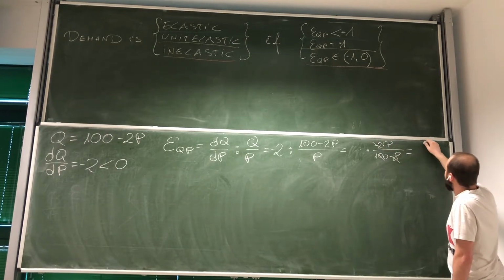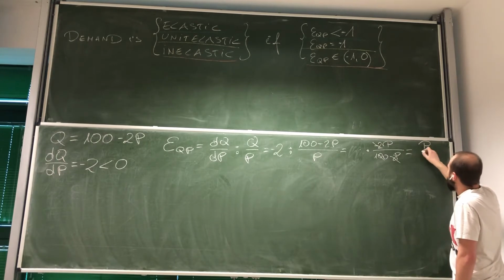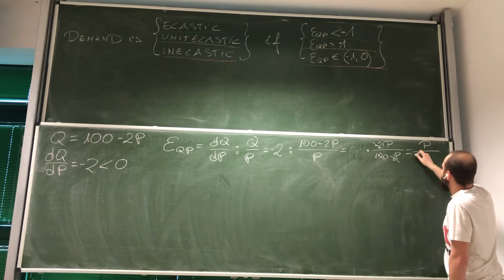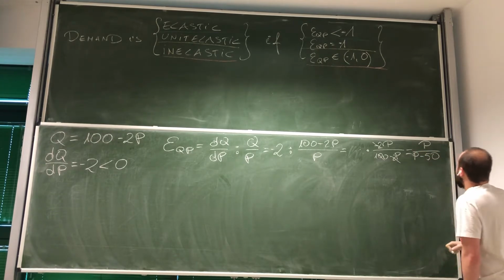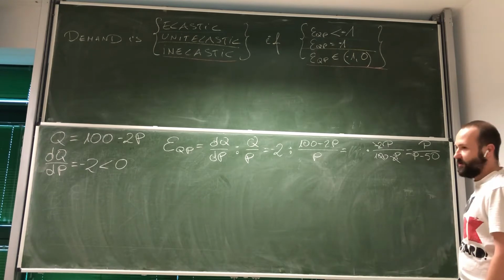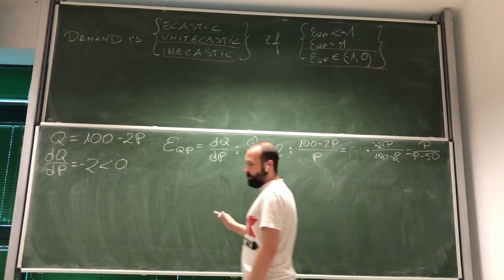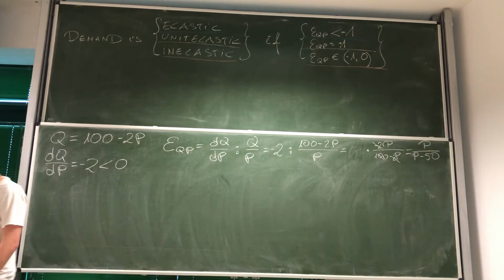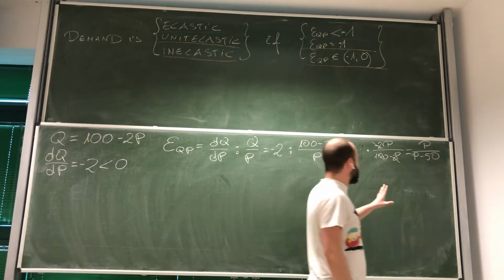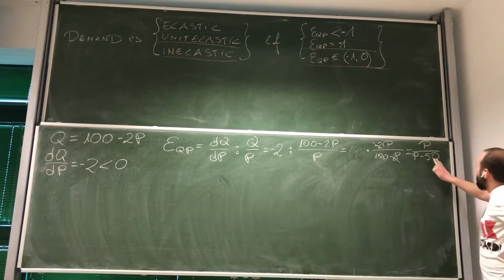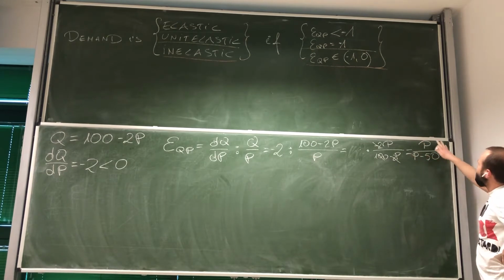So we're going to get that this is P over P minus 50. Okay, and look, this result that you see over here is going to be the key.